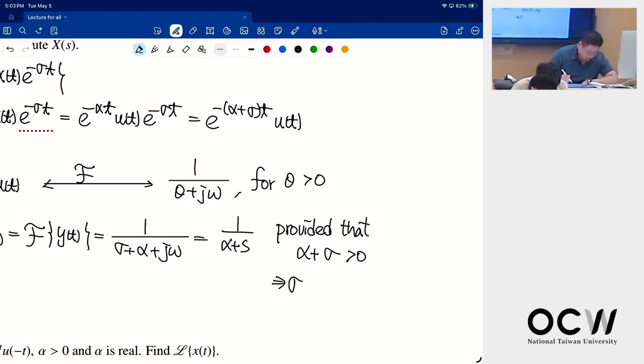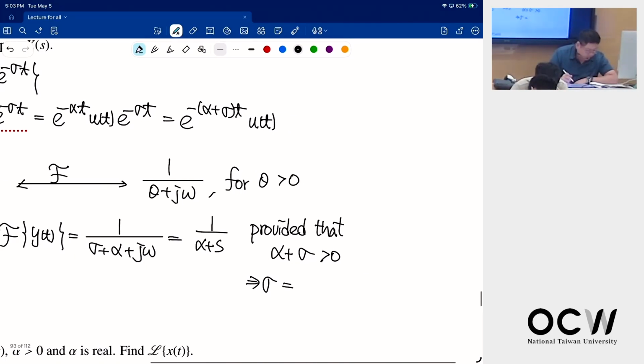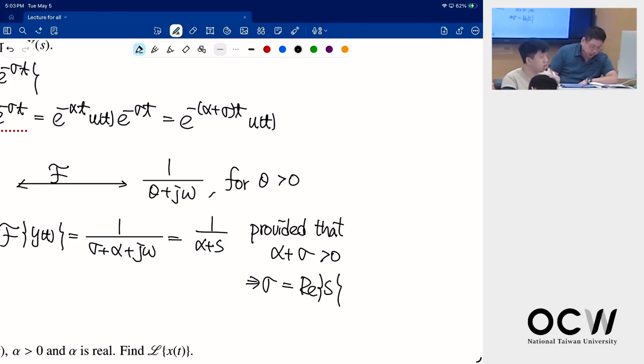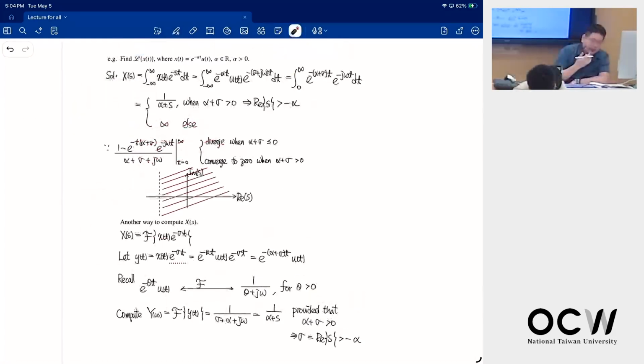So the sigma, that's the real part of your s, should be greater than minus alpha. Kind of like doing the advanced mathematics.